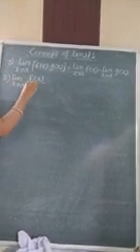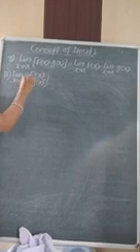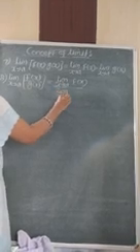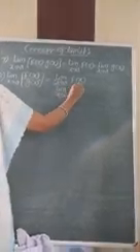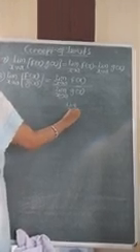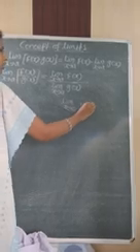Limit x tends to a, f of x divided by g of x: quotient of functions means apply separate limit, limit x tends to a, f of x by limit x tends to a, g of x, where limit x tends to a, g of x is not equal to 0. That is the properties of limit.